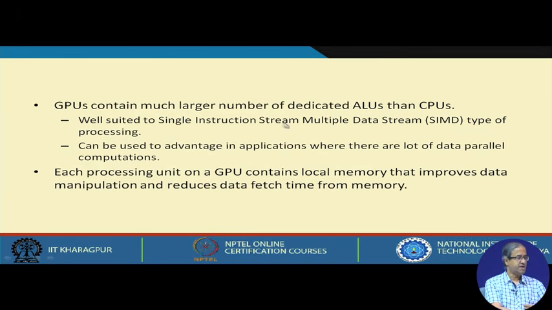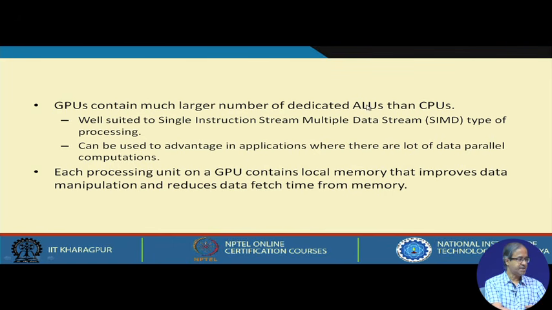So, in a normal CPU we talk about 2 core, 4 core or 6 core, but here we are talking about thousands of very simple processors which are basically arithmetic logic units. So, such kind of an architecture can be used in applications where you are processing on large arrays or vectors of data and there is highly parallel mode of computations available in the application.